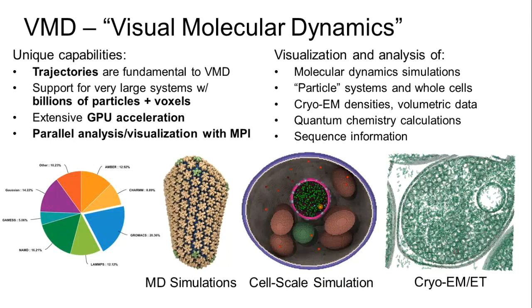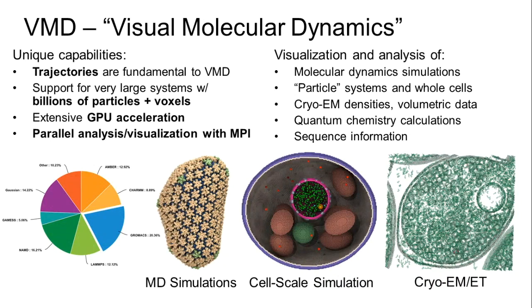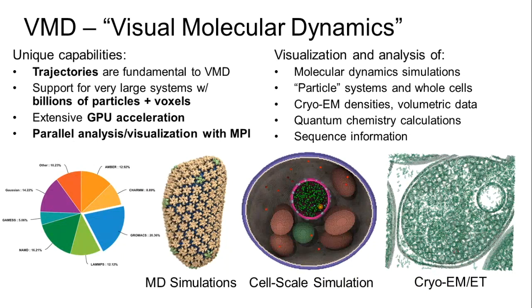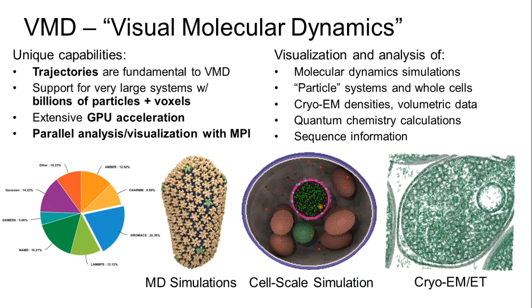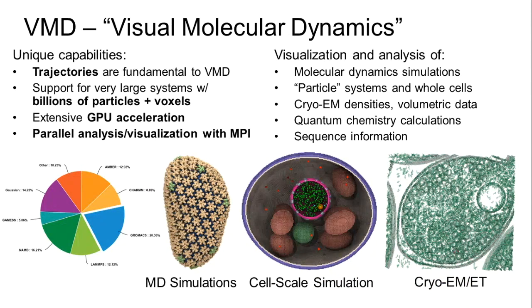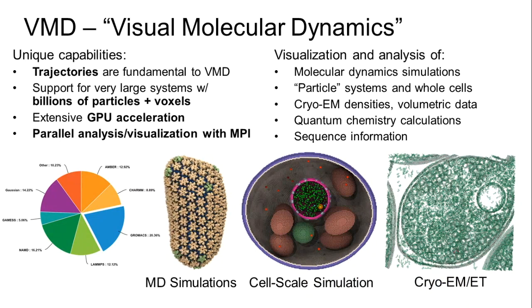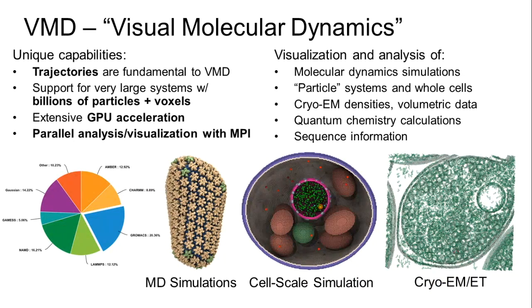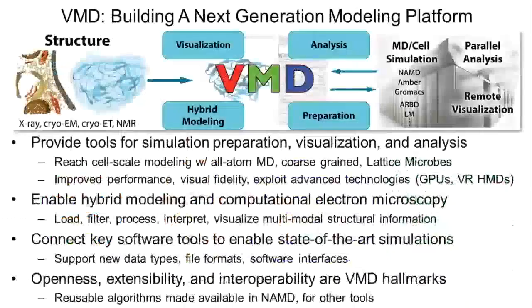And the diversity of structure information it works with has grown. It began just with all-atom atomic structures, and now we are able to work with a wide variety of cryo-EM and cryo-ET density maps, volume data of various kinds, electrostatic potential maps, quantum chemistry data, and sequence information. And so VMD works with all these different types of data.